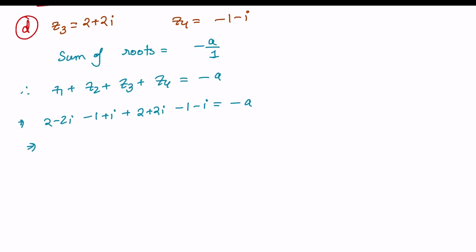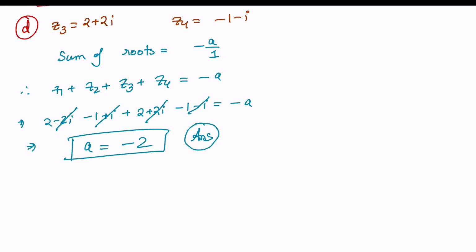Now add everything up, so the imaginary parts cancel out. 2 plus 2 is 4, 4 minus 2 is 2, so a becomes negative 2 from here. And that's the answer to part D.